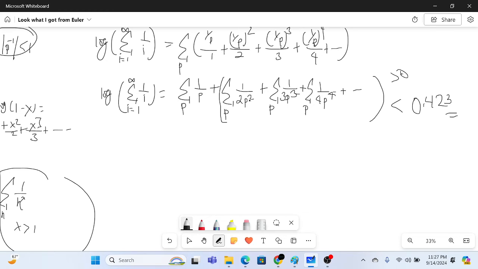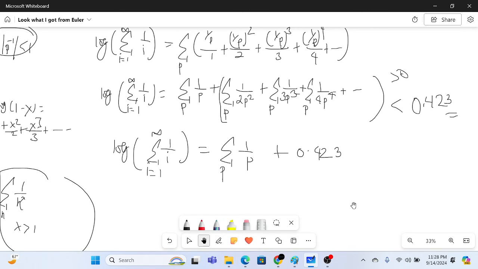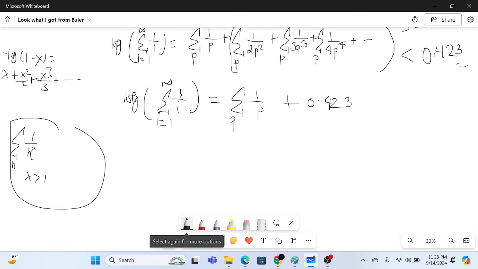Now, if you believe me, we know that log of the sum from i equals 1 to infinity of 1 by i is equal to the sum over primes of 1 by p plus something less than 0.423. Now I think you see there's a problem. This harmonic sum diverges, right? In log, that goes to infinity, so log of infinity is also infinity.